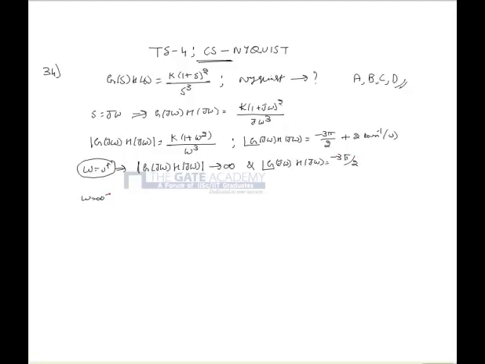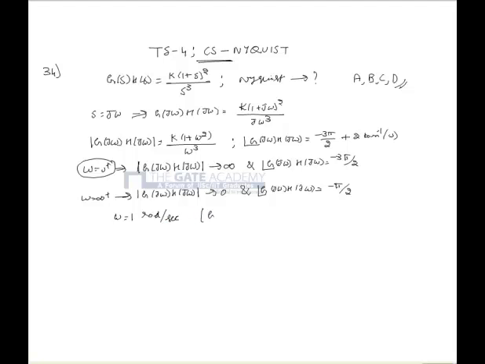Similarly, at omega equal to infinity, magnitude tends to 0, and phase is equal to minus pi by 2. Also, we see that the Nyquist plot of the control system intersects with real axis for omega equal to 1 radians per second.